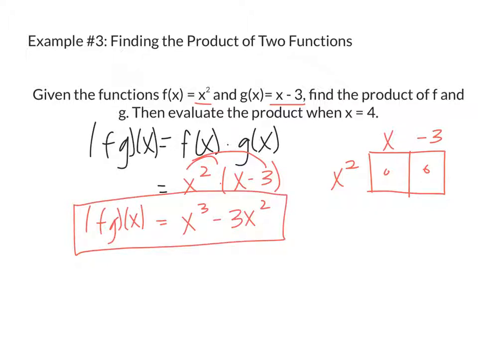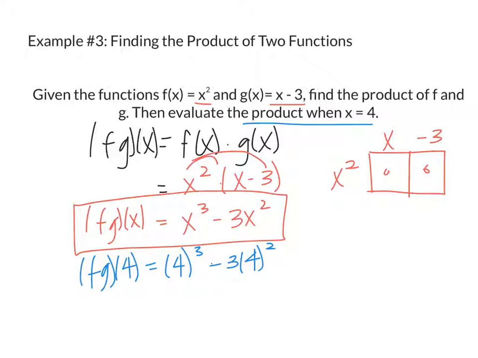All right, then we're asked to evaluate the product when x equals 4. So that means f g of 4 equals 4 cubed minus 3 times 4 squared. So 4 cubed, I believe, is 64, but let me double check. Okay, I'm right, 64.